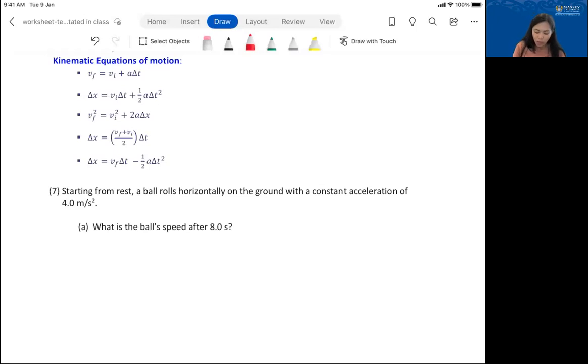Okay, so what are we given? Starting from rest, that's a clue. Initial speed is 0. Constant acceleration, so this means acceleration is a. And then we're being asked, what is the ball's speed after 8 seconds? We're given the time.